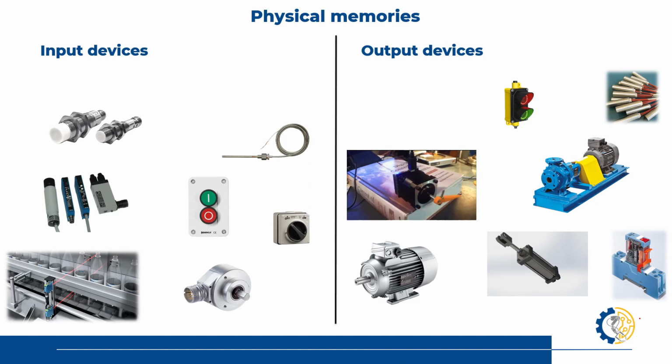So, physical memory. These are the devices, whether they're for input or output, that are tangible. Everything that we had seen before this are all physical memories. So these are assigned memory spaces in our PLC for physical devices, sensors, valves, inputs or outputs.